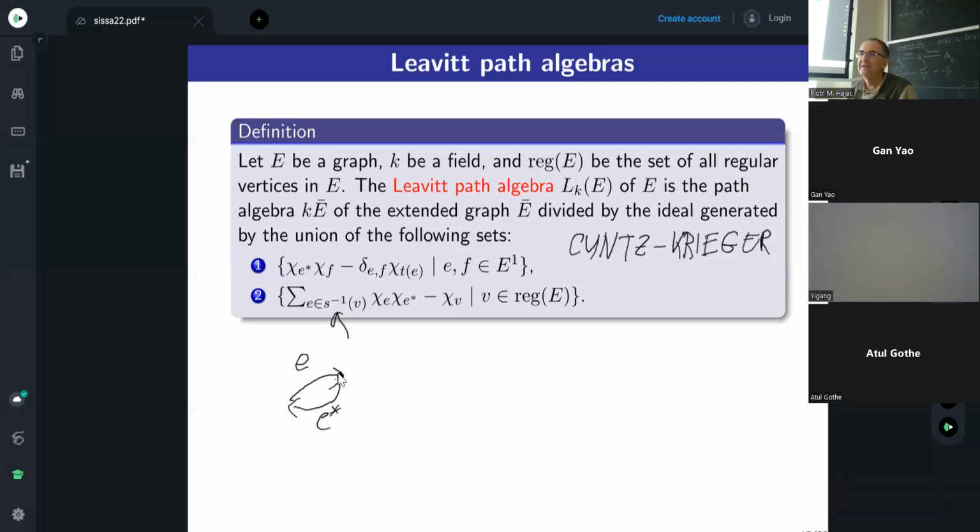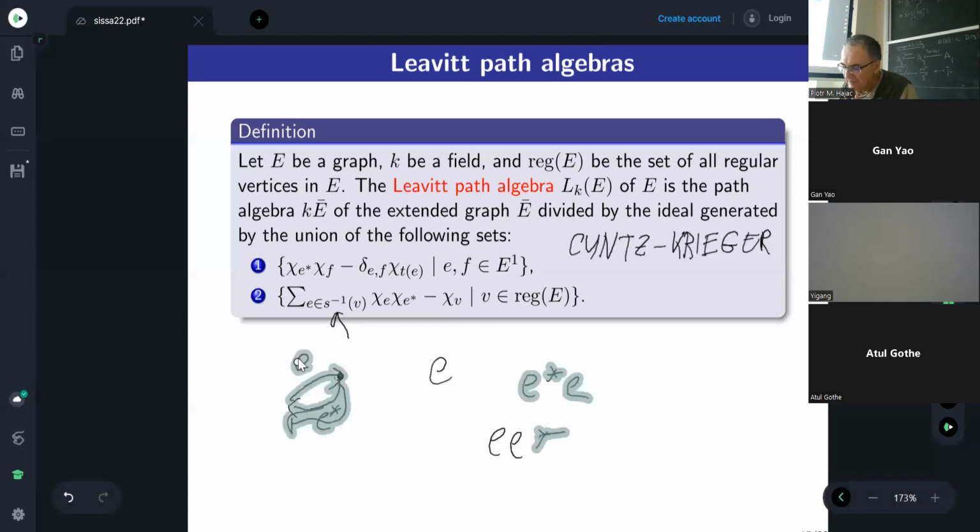But only e star. If I have e and f star, forget it. That's just 0. Nothing happens. But if I have e star and e, then I collapse to this edge, but not the other way around. I'm telling you only e star times e. When I take e star, no, I know nothing yet. So no relation, no nothing. Not yet. Okay, so that's what the second relation tells me.